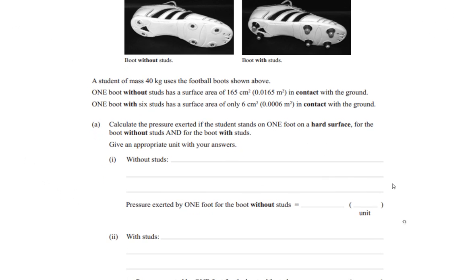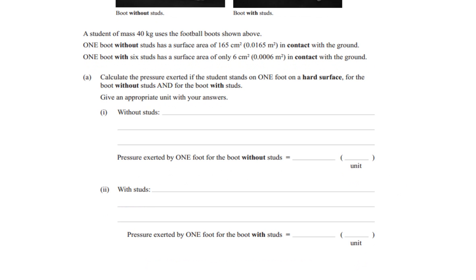So again, just scroll up there. Okay, with his studs. So this time we're taking the pressure. So I'll do our formula. Pressure equals force divided by area. So the force again, it's that weight force, 400, divided by 0.0006.